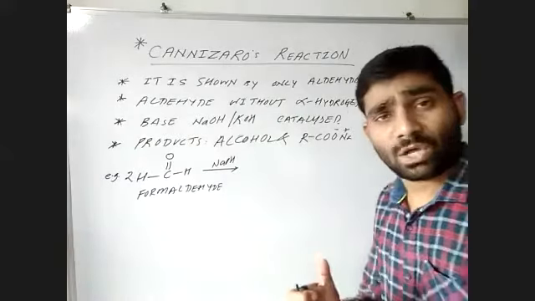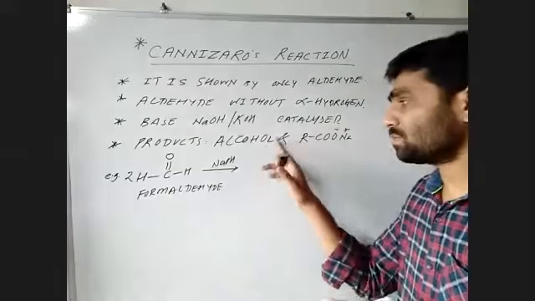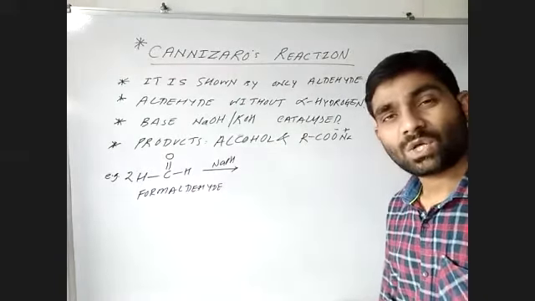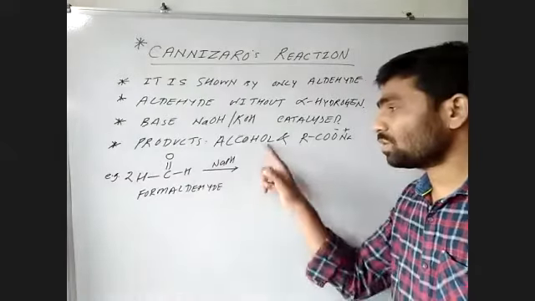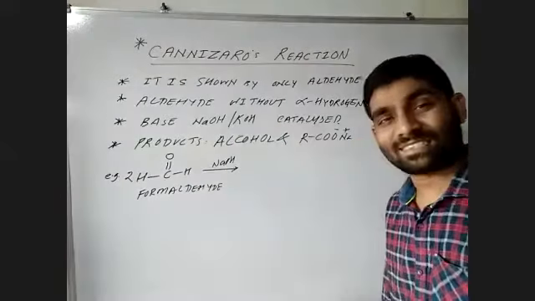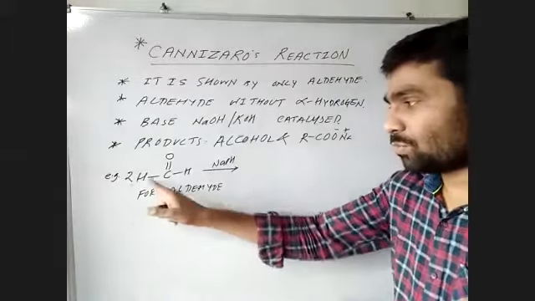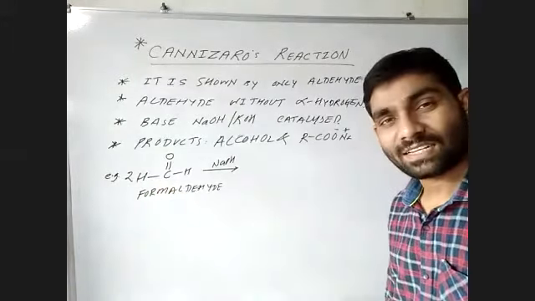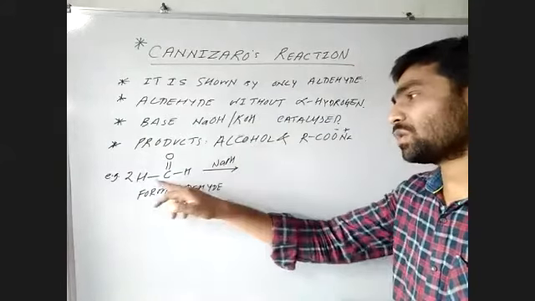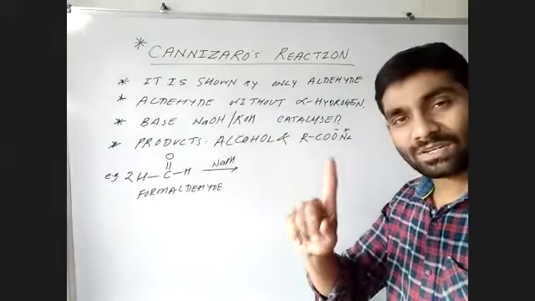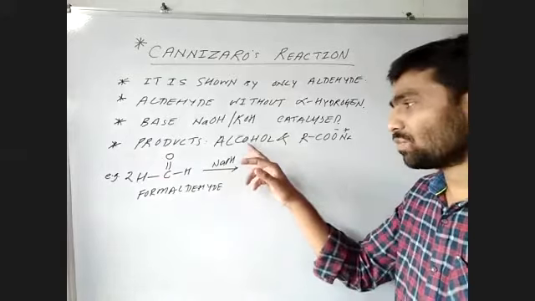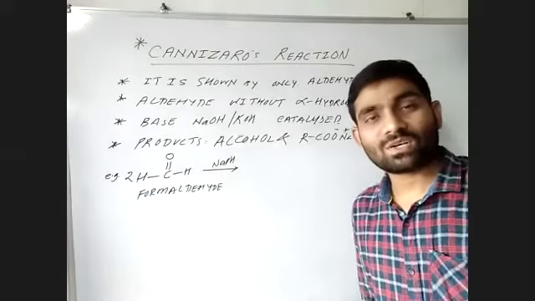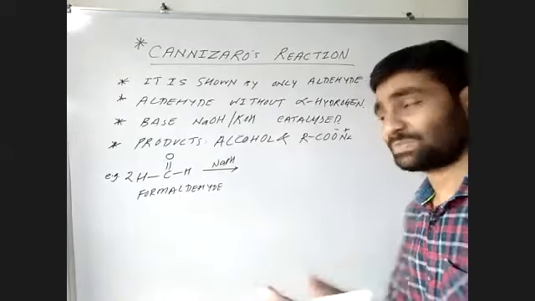Can you imagine? There is only one carbon. So what is the name of one carbon alcohol? Products will be alcohol and carboxylic acid. There is only one carbon in one molecule. So one carbon alcohol is called methyl alcohol.